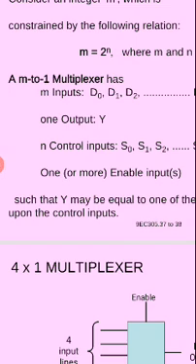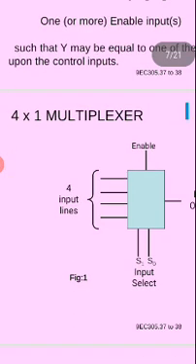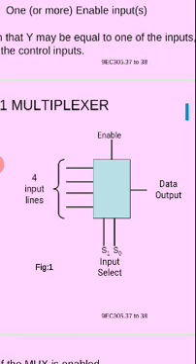Four to one multiplexer, or 4 into 1 multiplexer. See this diagram.